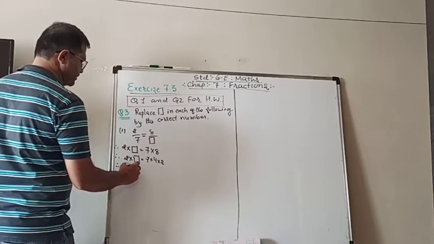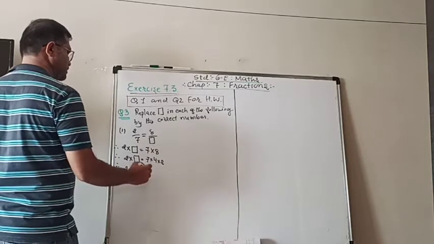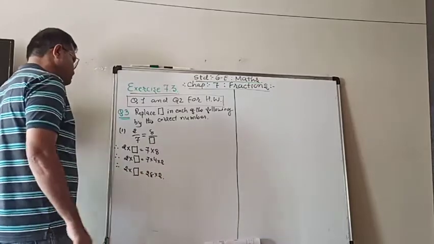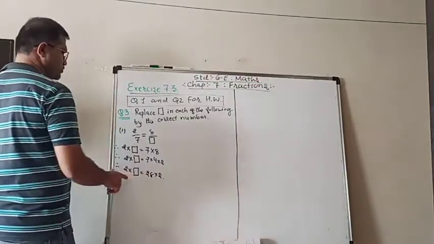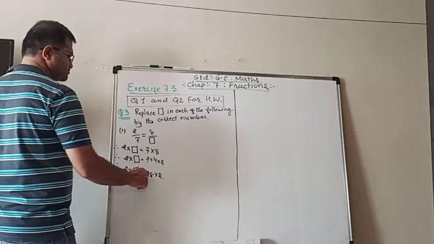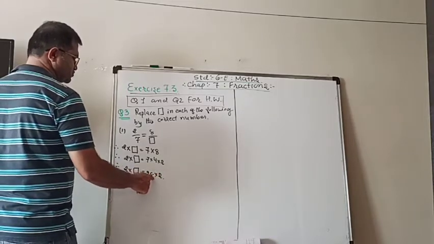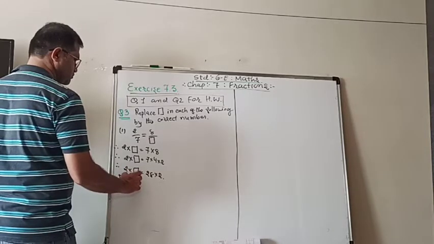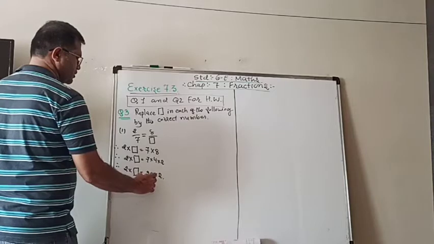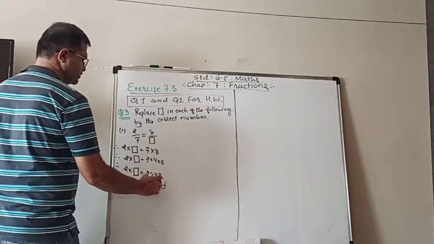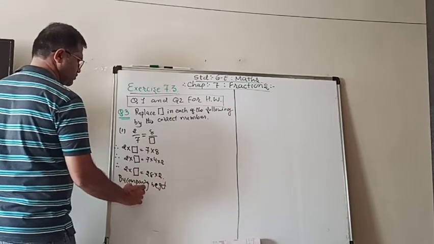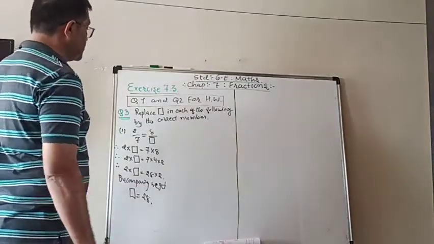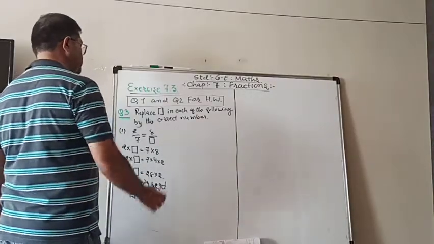Therefore 2 multiplied by box is equal to 28 multiplied by 2. By comparing, we get box is equal to 28. So in the place of the box we can put 28.